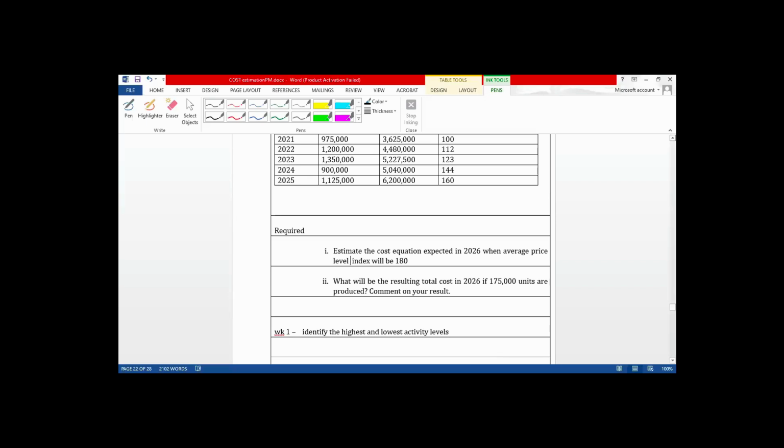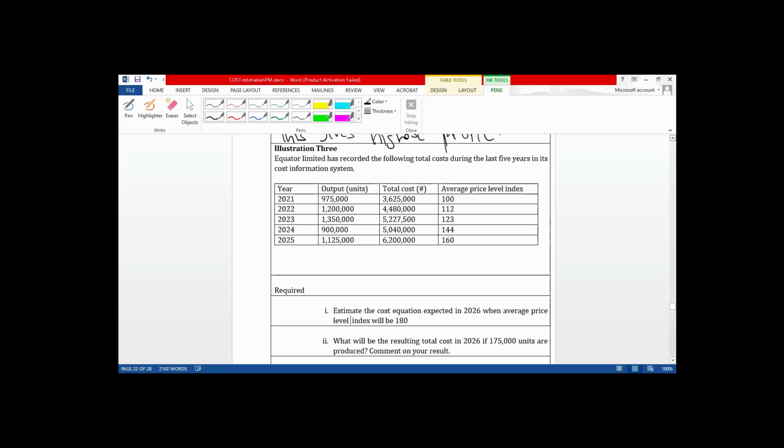In this question, the examiner didn't tell us specifically which method to use. Remember, you can either use the high and low method, or the regression analysis method.